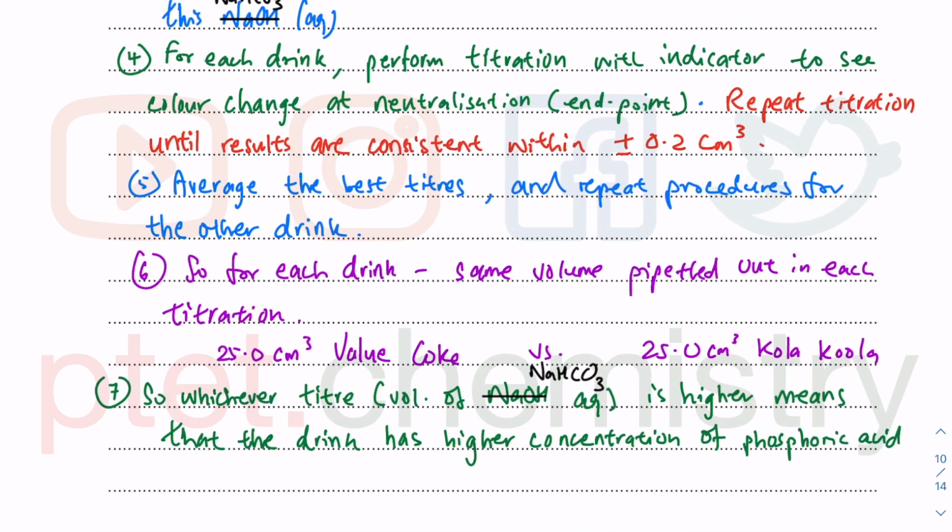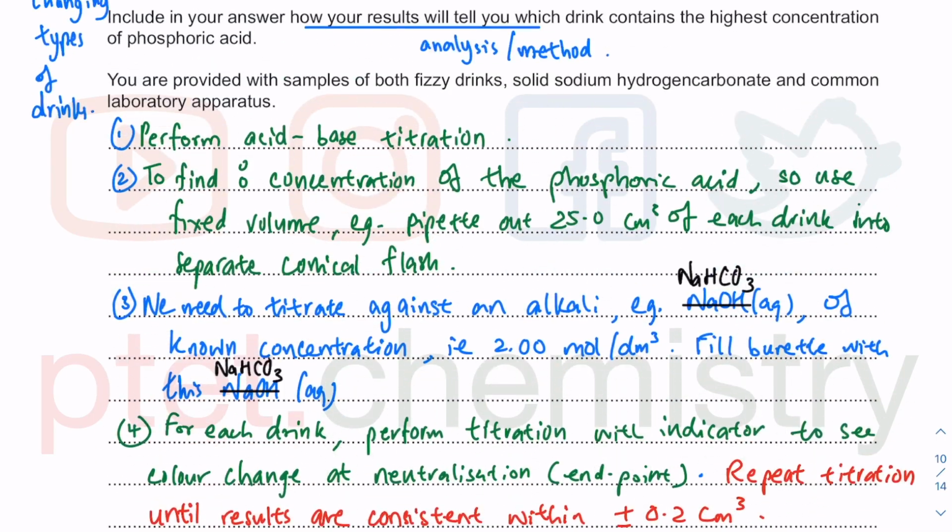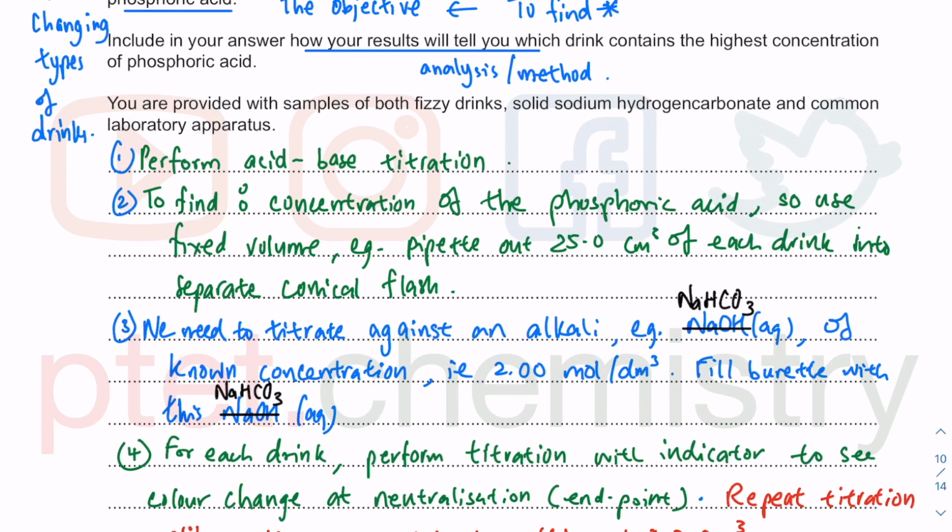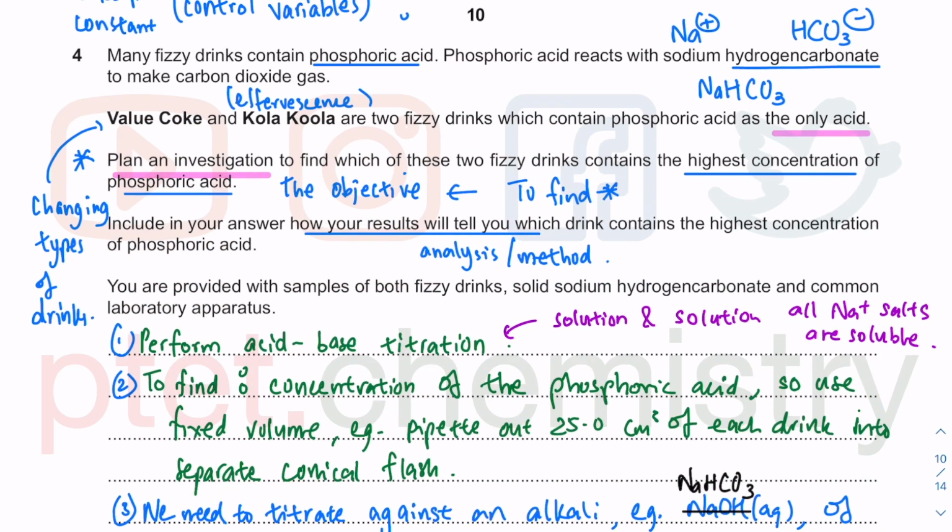And I've changed the last bit by comparing the average titer against the how much average titer of the sodium hydrogen carbonate solution, because when we do titration is for solution, and we know that sodium hydrogen carbonate is definitely soluble because all the Na plus salts, including the hydrogen carbonate or the carbonates, are going to be soluble, part of solubility rule there. And I think that's it really for this 6 marker question number 4 here.